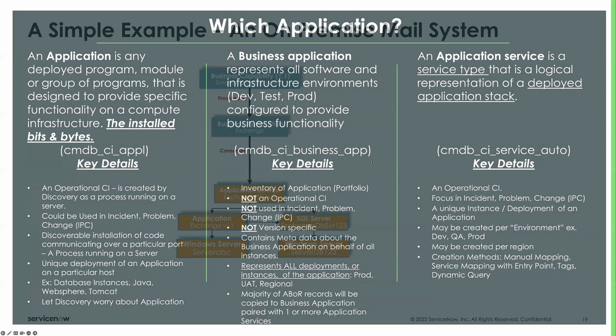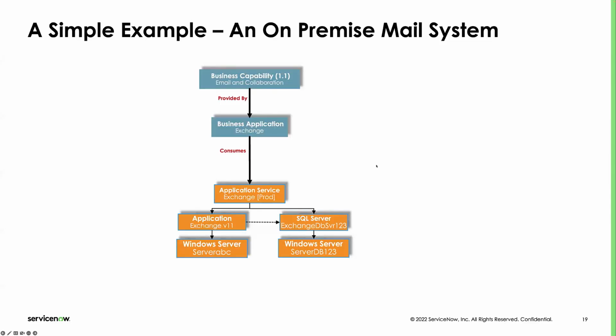So an example, a very, very simple example. We have a business capability. By the way, business capability is what your enterprise does. You create a model of capabilities to express all of the different things you do. We align our application so that we know that this business capability is dependent upon and provided by, is the term we use, a particular application. So here we have email and collaboration.